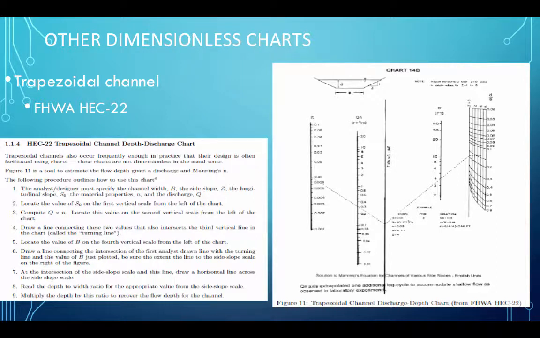At the intersection of the side slope scale and this line, you would draw a horizontal. So here are the various side slopes. Let's say we had a side slope of 6, which is pretty common.